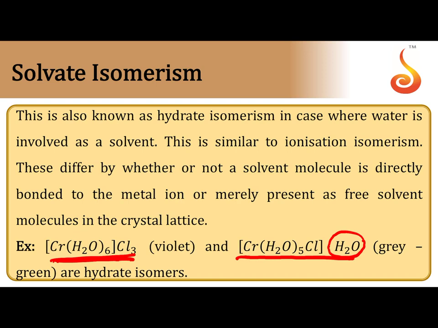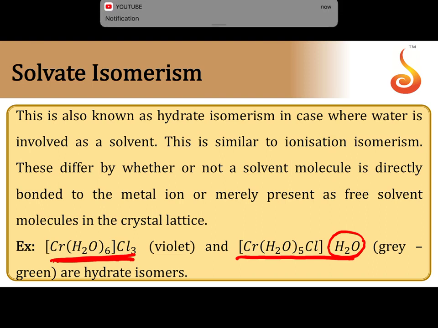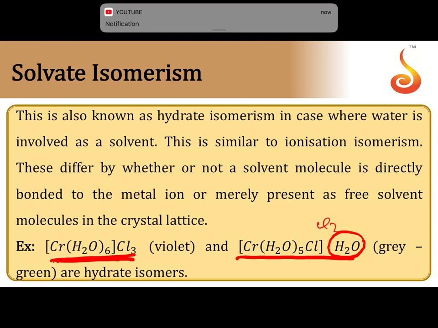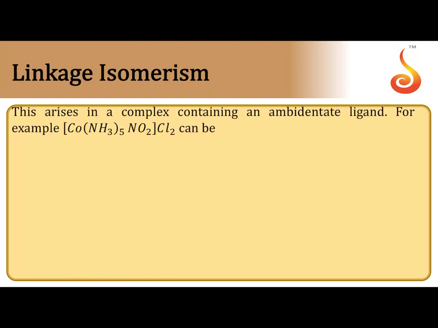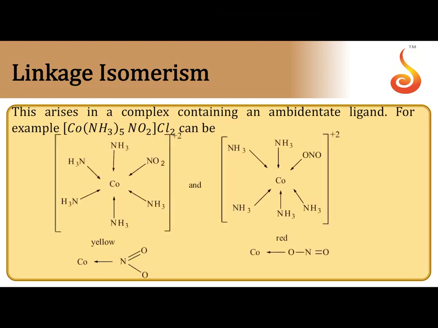They are solvate isomers. These are almost like ionization isomers. Next, linkage isomerism. These are 2 complexes which differ in the linking atom of an ambidentate ligand. So in the first compound, NO2 is attached to the central metal atom through nitrogen. This is nitrito-N.